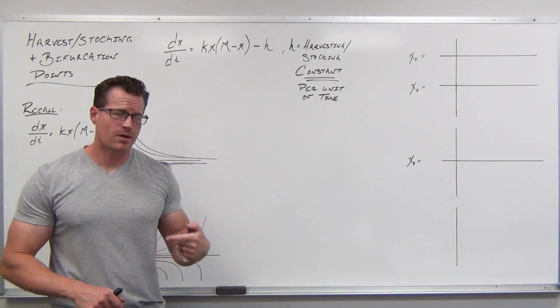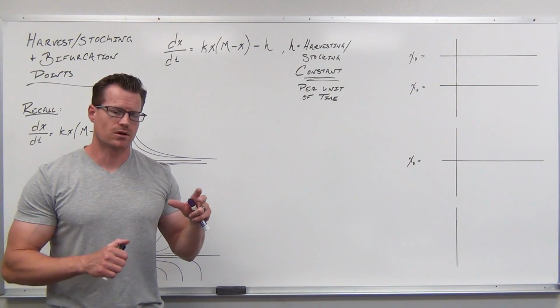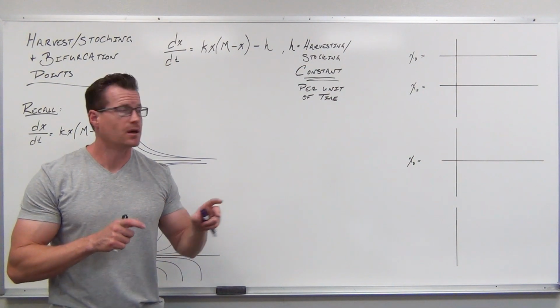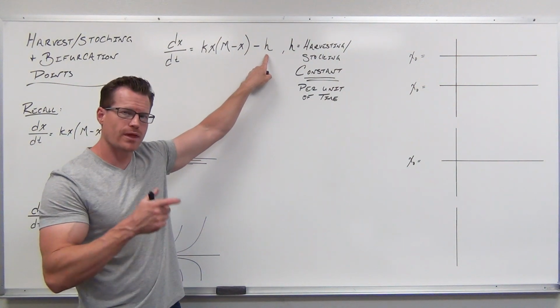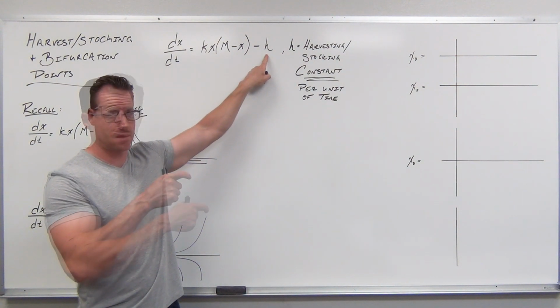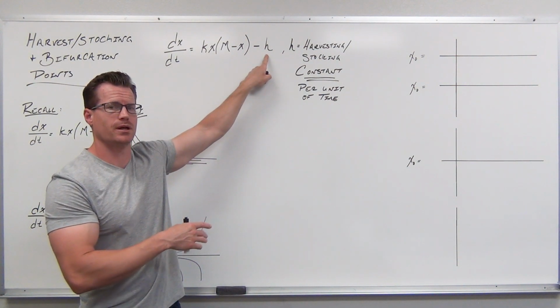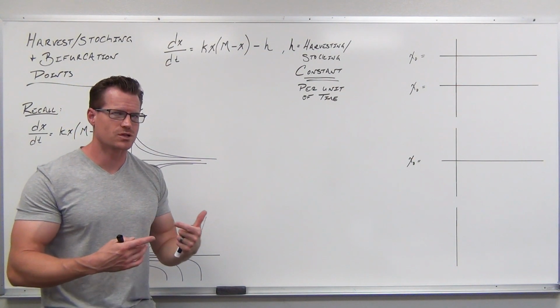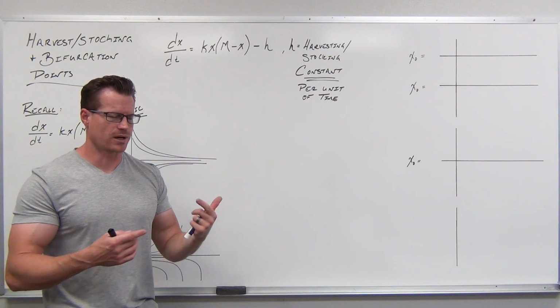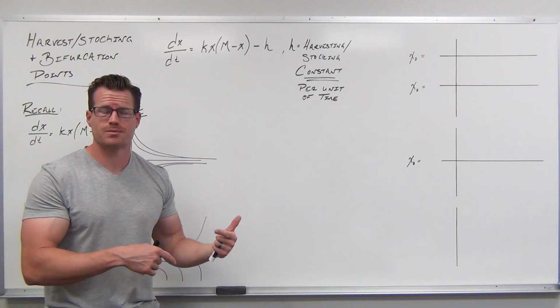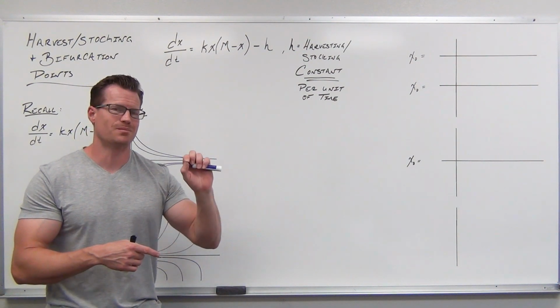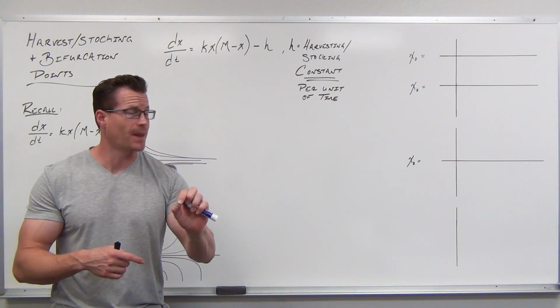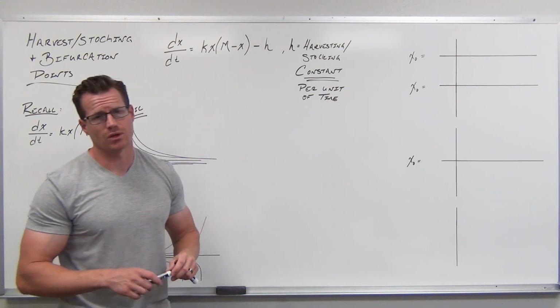I want to solve them for x, and I want to look at what's going to happen with this h, how that h affects our critical points. So what we're going to do is set this equal to 0 and find our critical points. I'm going to use the quadratic formula to show you that it's possible, and then show you how that depends on your harvesting or stocking. And then we'll talk exactly about what these pictures would look like.